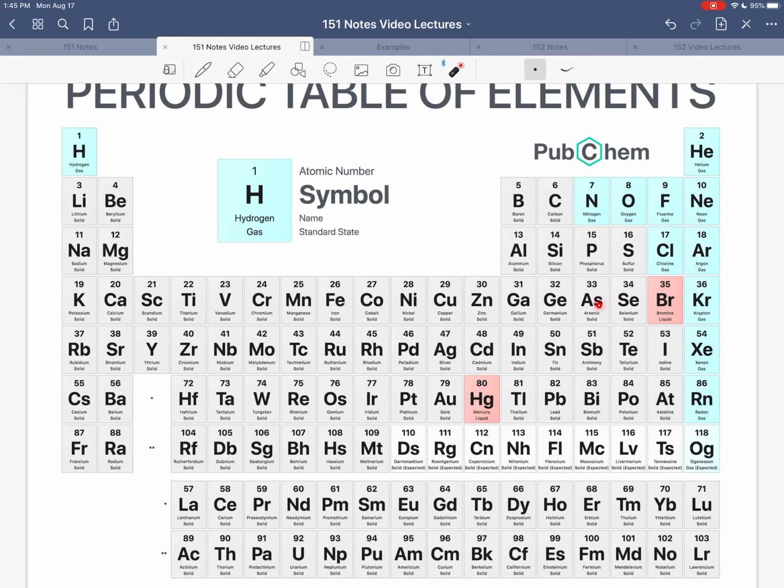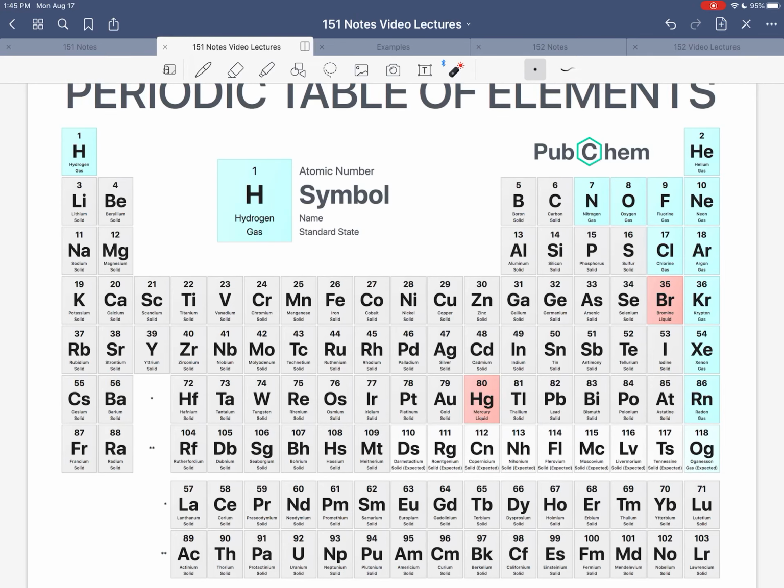Nitrogen, phosphorus, arsenic, antimony. That does not look like antimony, but it's antimony. Bismuth. Oxygen, sulfur, selenium, tellurium, polonium. Fluorine, chlorine, bromine, iodine, astatine, I'm not sure how it's said. We got helium, neon, argon, krypton, xenon, radon.